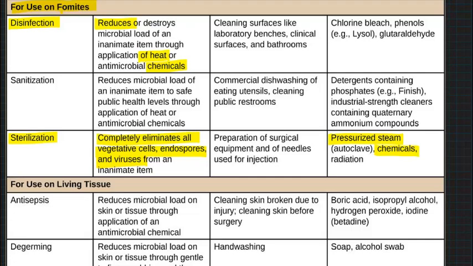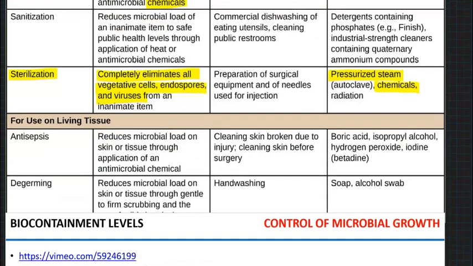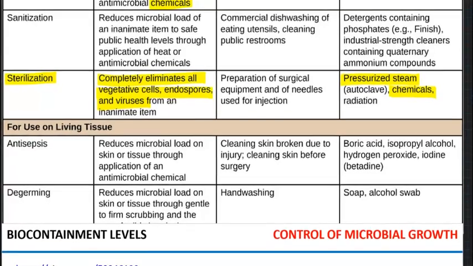And then the lowest degree of the microbial control on the inanimate surfaces is sanitization, which reduces the loads mostly, and I want to emphasize it, so I sort of disagree with that statement, mostly by the mechanical way.